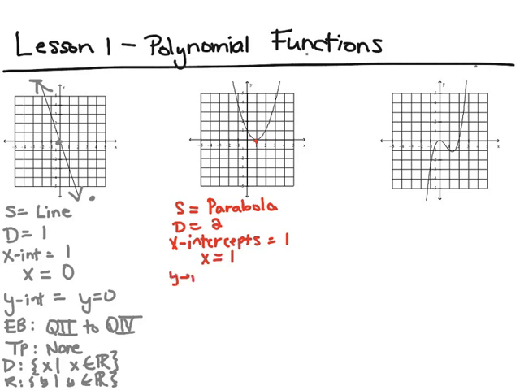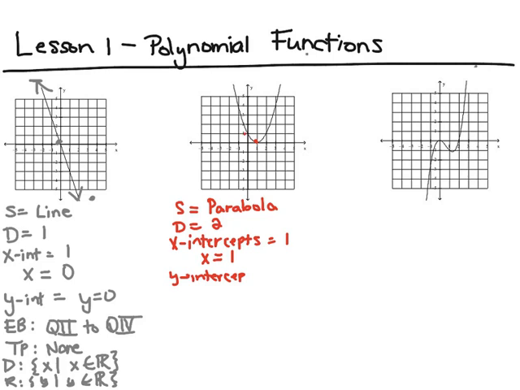The y-intercept, it crosses right here, at y equals 1. The end behavior, it starts in quadrant 2, and it goes to quadrant 1. There's one turning point.